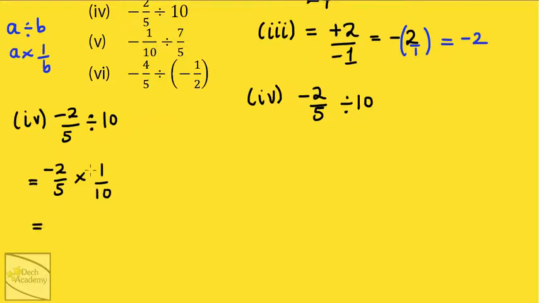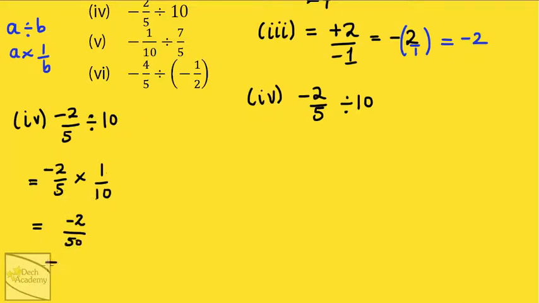So the resulting fraction, because all we have now is a problem where we're just multiplying fractions, is given by the following. The numerator of the resulting fraction is given by multiplying the numerators of the fractions being multiplied. So minus 2 times 1, which is minus 2, and then the denominator is given by 5 times 10, which is 50.